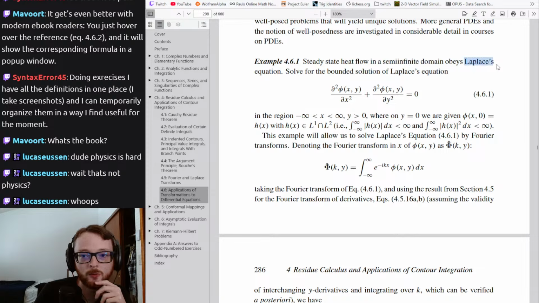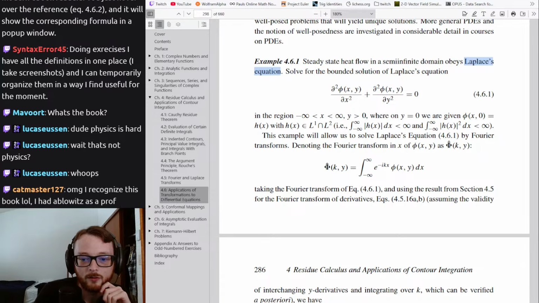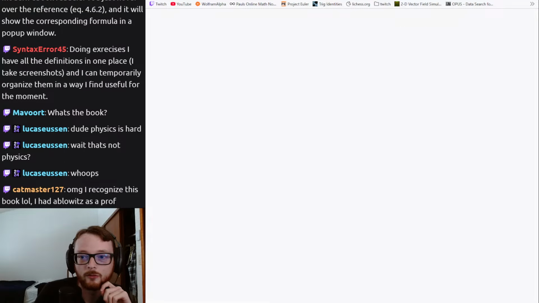So they're talking about something called Laplace's equation here. I can bring up my electricity magnetism textbook, and they also talk about Laplace's equation. It's just both, so you're not wrong. Trying to find it. There it is.